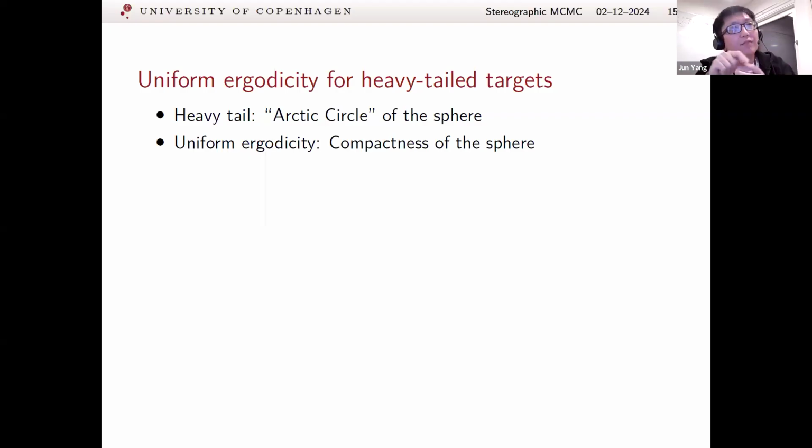So if the Markov chain you construct on the sphere can escape this Arctic Circle very fast, then the Markov chain in the Euclidean space can escape, speeding up at the tail, very fast. As a result, we can use the compactness of the sphere to show that these 2 new algorithms can be uniformly ergodic for heavy tail distributions.